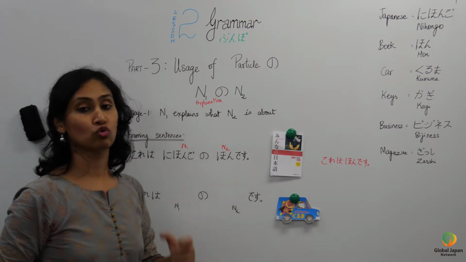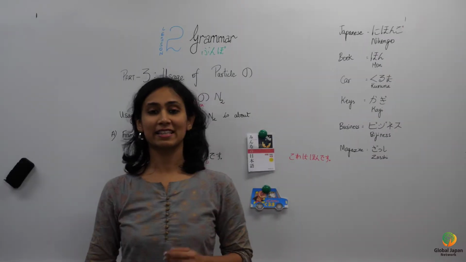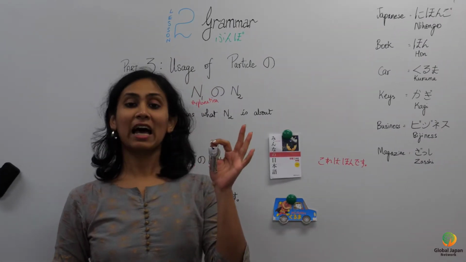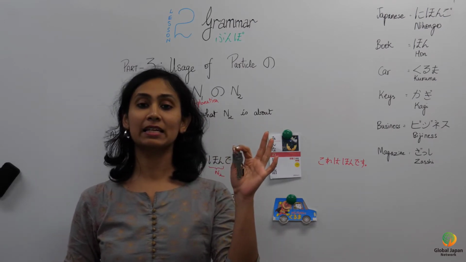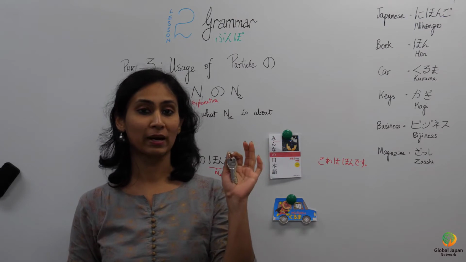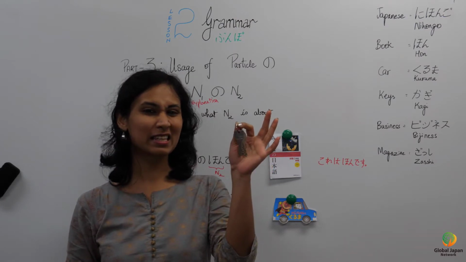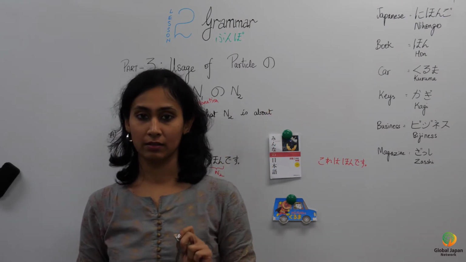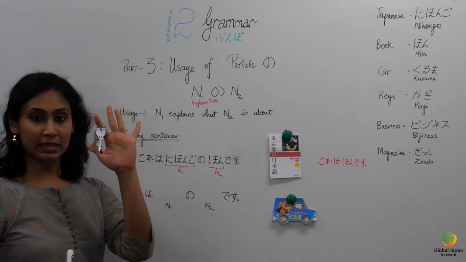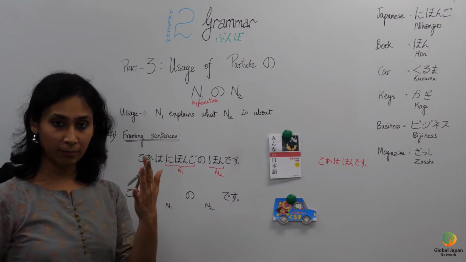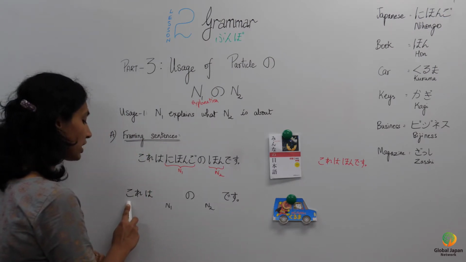So, this is N1, this is N2, and no is connecting these two nouns, wherein N1 is giving some information about N2. Next sentence. I have a pair of keys here, and I'm going to tell you that this is the keys of my car, or these are the car keys. Let's frame out this sentence.